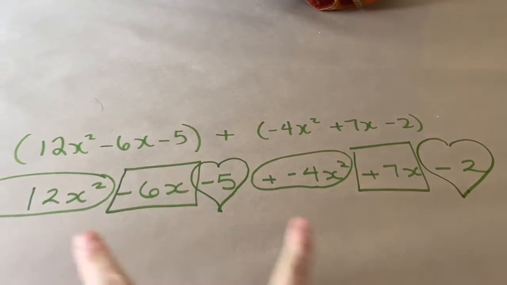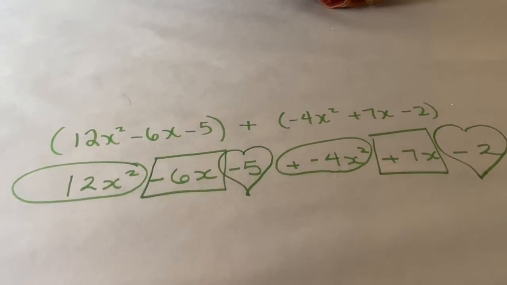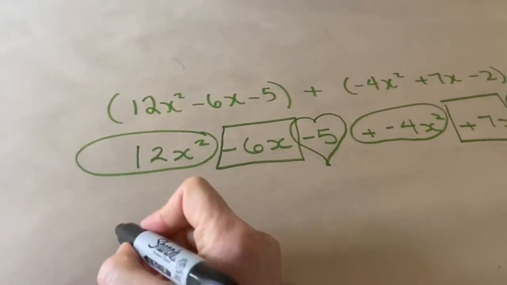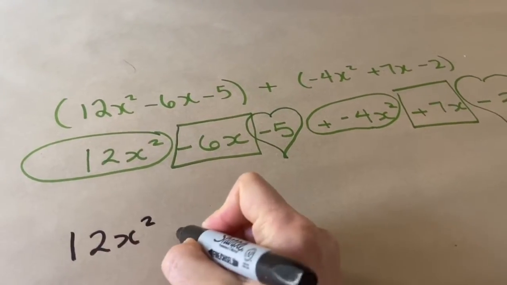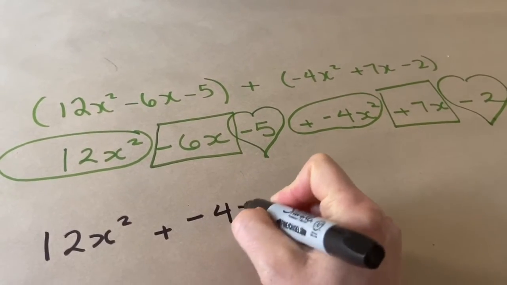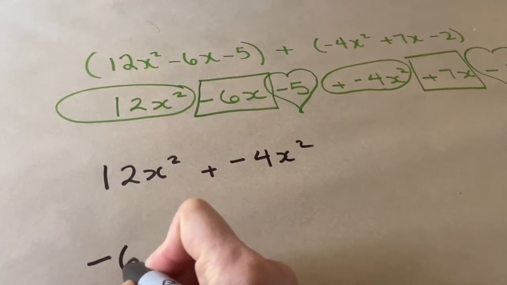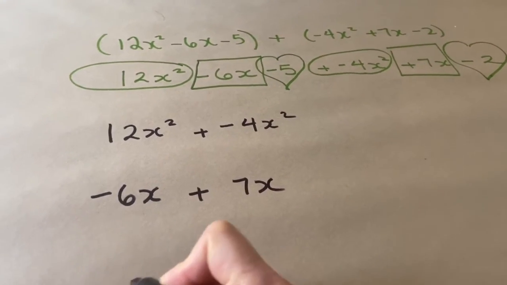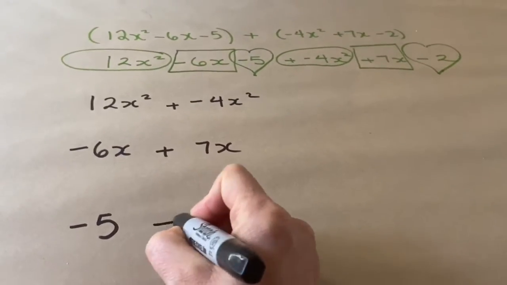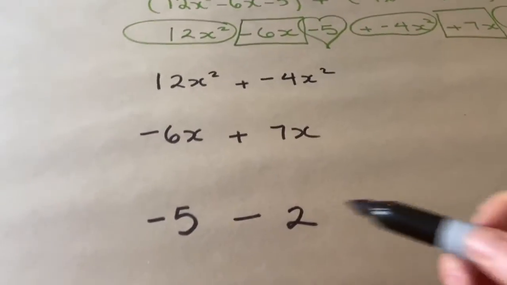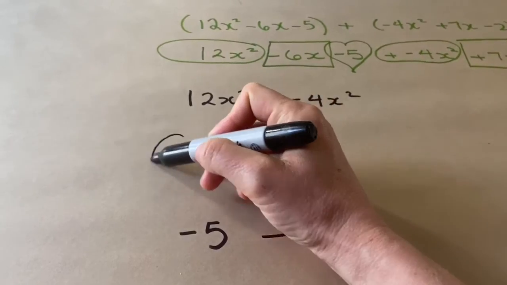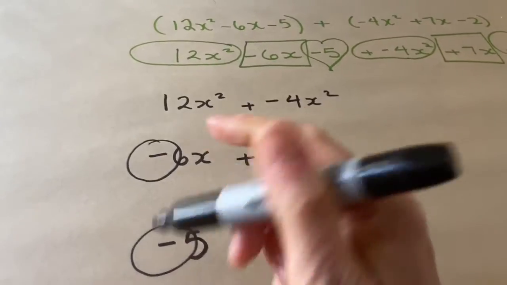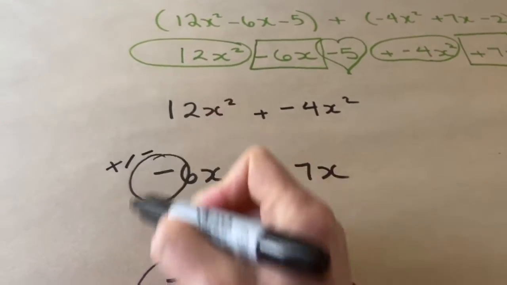Now we're going to group the circles, the squares, and the hearts together. I'm just getting a different color marker. Okay, so I've got 12x squared plus negative 4x squared. I've got negative 6x plus 7x. And I've got negative 5, subtract 2. Now, let's remember, if it is at the front, this is at the front, and this is at the front, rather than in the middle, then this means negative.